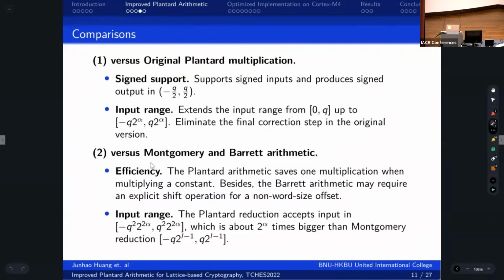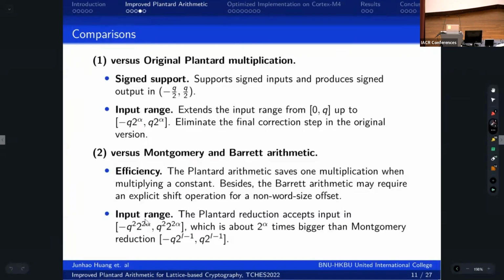And besides, the improved Plantard arithmetic also has some merits over the state-of-the-art modular arithmetic. First, in terms of efficiency, the Plantard arithmetic can save 1 multiplication when multiplying a constant. And besides, the Montgomery arithmetic may require an extra sign-extension operation for a non-zero offset, which may further slow down its efficiency.